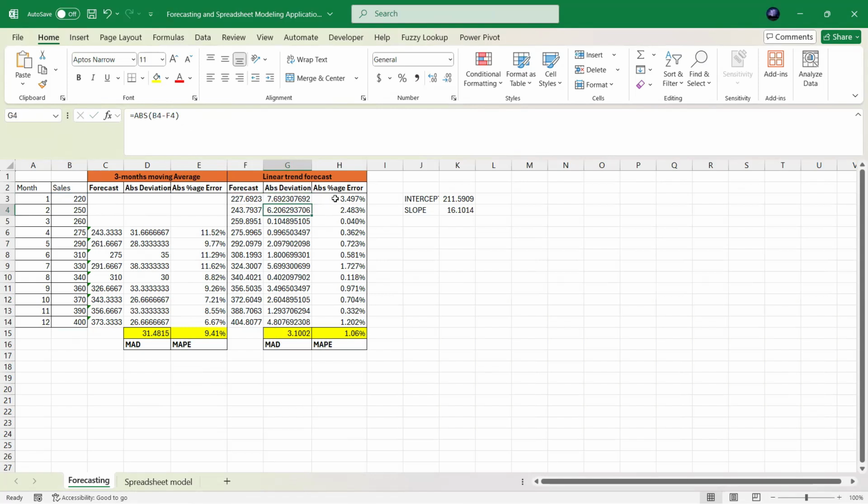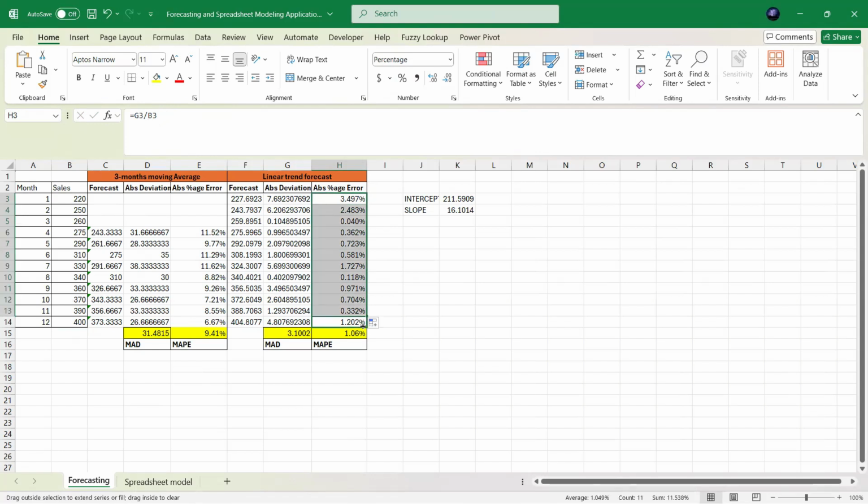In cell H3, I calculated the absolute percentage error using the formula G3 divided by B3 times 100, which expresses the forecast errors as a percentage of actual sales. Both formulas were dragged down to row 14 to apply the calculations across all the forecasted months.